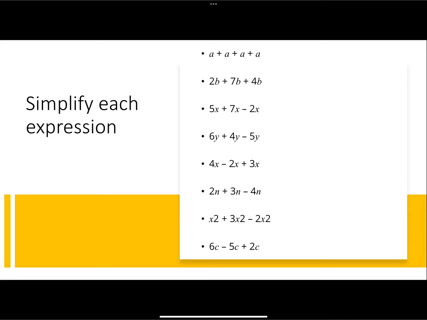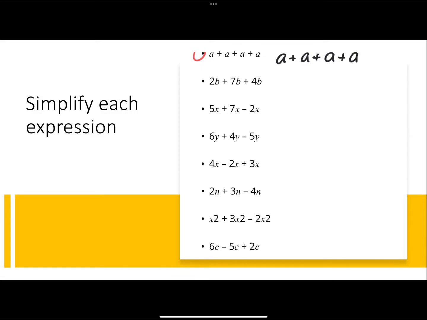In this next section, I'm going to go through the solutions for each of these and the thinking that goes with it. Every single time I'm going to rewrite the equation and I'm going to look at grouping like terms. So in question number 1, we have an equation that says a plus a plus a plus a. First thing I do is I write the equation.